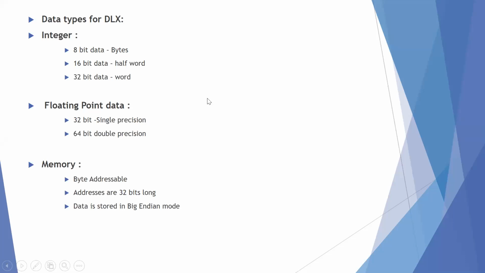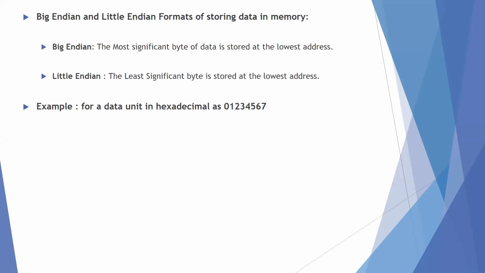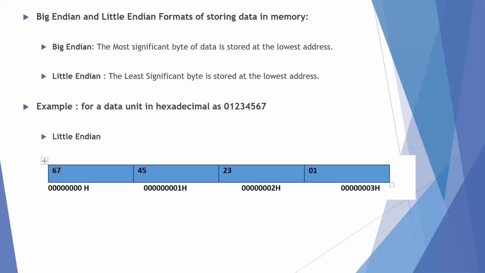So then we were discussing what was big endian and what was little endian. Again, just two ways of storing data into the memory. If we store the least significant byte of the data at the lowest address in the memory, we say it is little endian mode, which was usually followed in CISC-based machines.